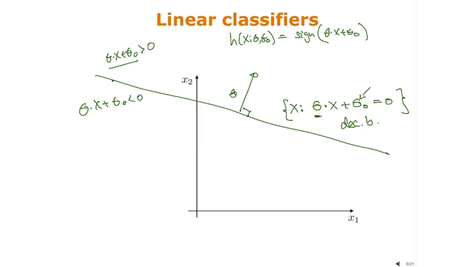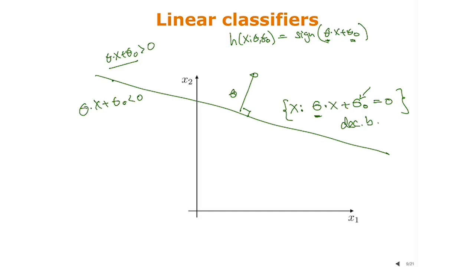You specify the two parameters, you specify the orientation of the line and where it's located. And we know which side is positive and which side is negative. Okay, so theta and theta naught fully specify the classifier.